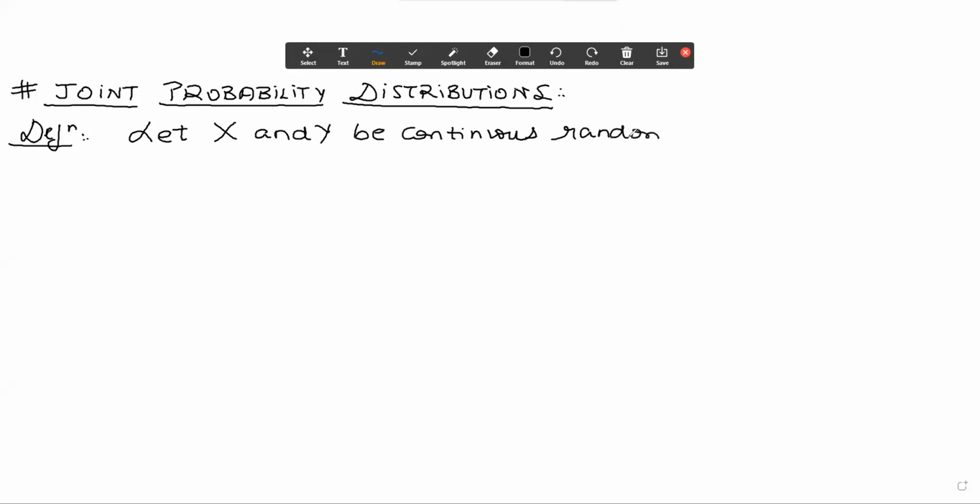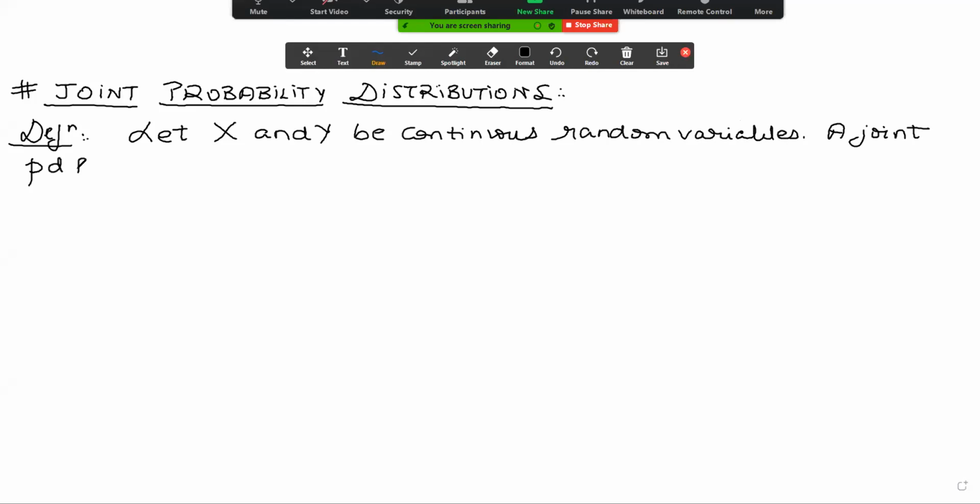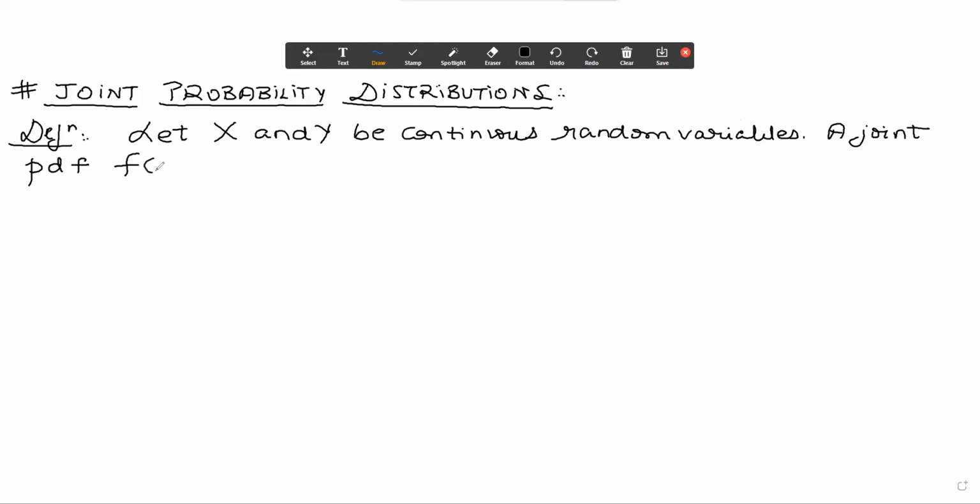A joint probability density function f of xy for these two variables is a function satisfying the following.